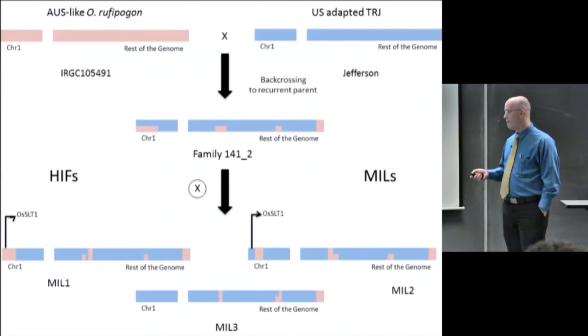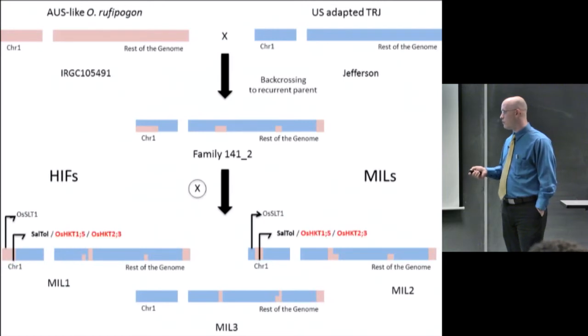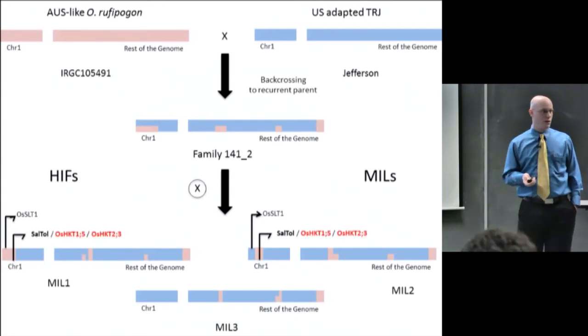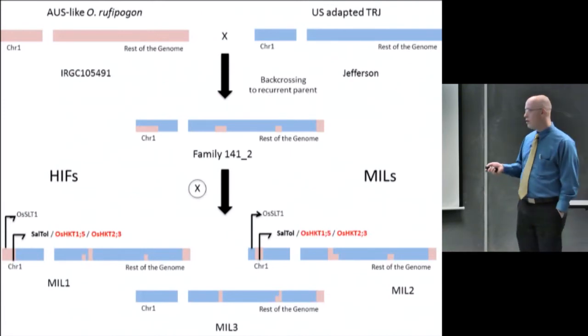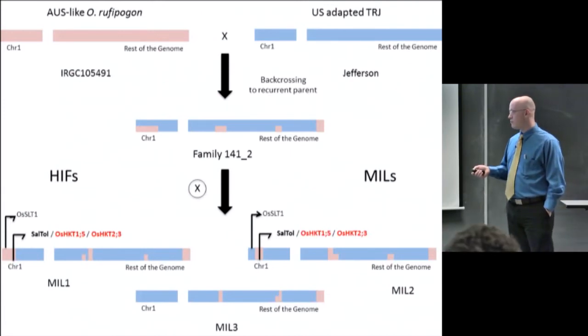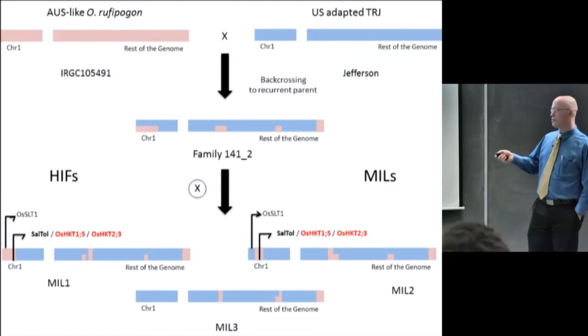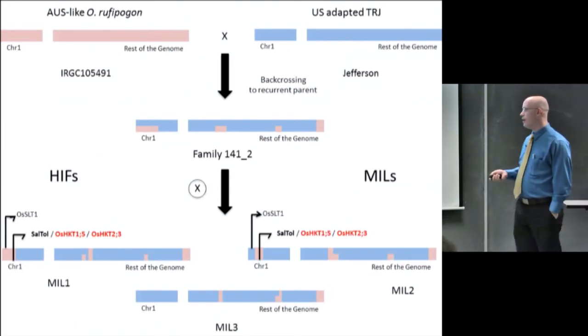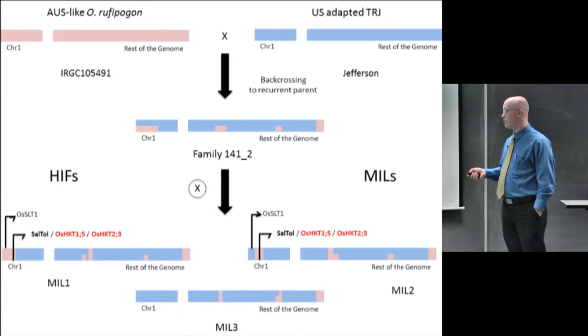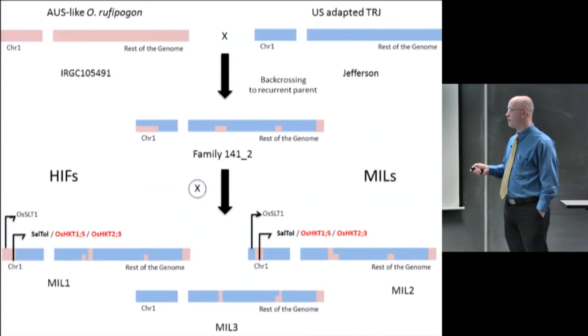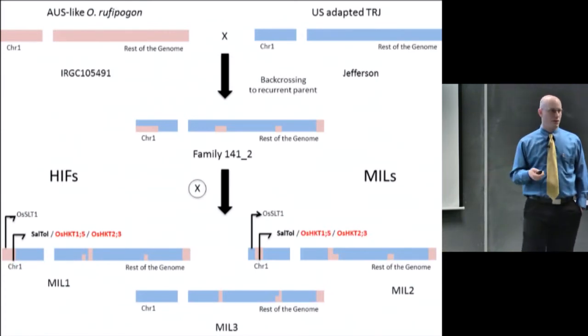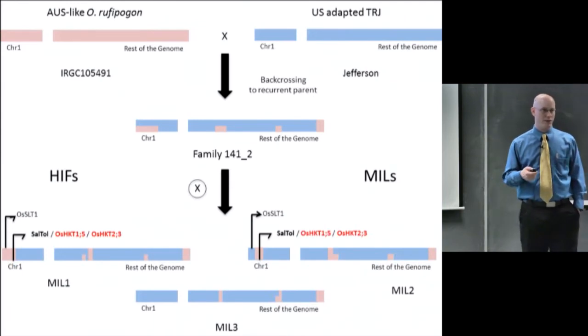Both of them have Aus-like alleles at this other locus next to our locus, where we have the saltol QTLs located and these sodium transporters are located. So we're basically surveying the effect of this region in a salt-tolerant background, in and as far as this thing is salt-tolerant. And then mill 3 here is just a control for the background. So where mill 3 differs from Jefferson, that gives you an indication if the genetic background has any real impact.